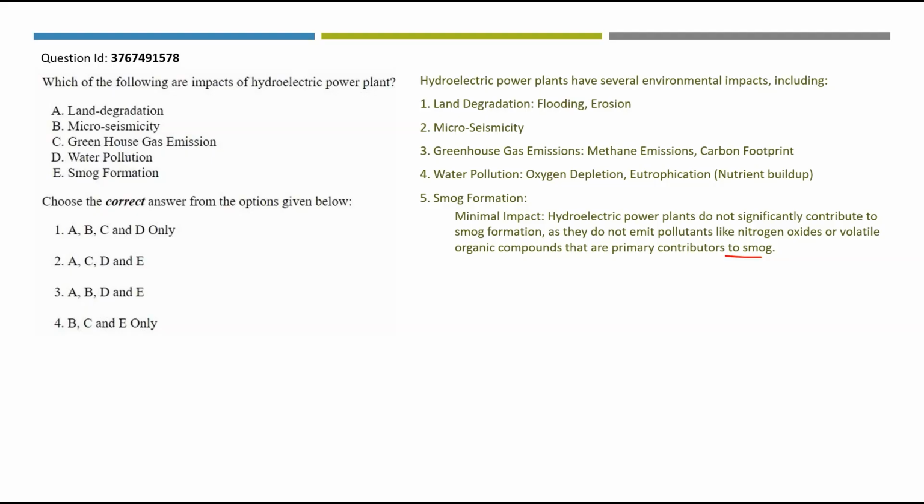So there is only minimal impact here. So we can rule out this particular option alone. Land degradation, microseismicity, greenhouse gas emission and water pollution will be the impacts of hydroelectric power plant here. Option number 1, A, B, C and D only will be the right answer.